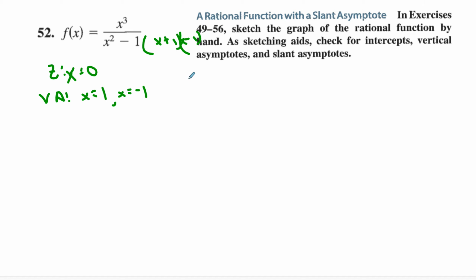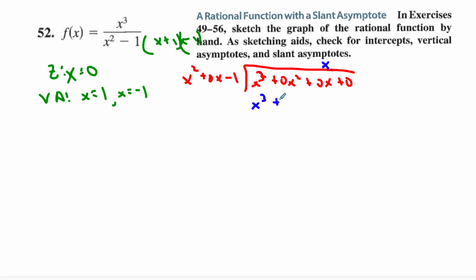Okay. So x squared plus 0x minus 1, and then x cubed plus 0x squared plus 0x plus 0. Okay. x squared times what is x cubed? x. So then when I multiply that out, x cubed plus 0x squared minus 1x, or minus x.